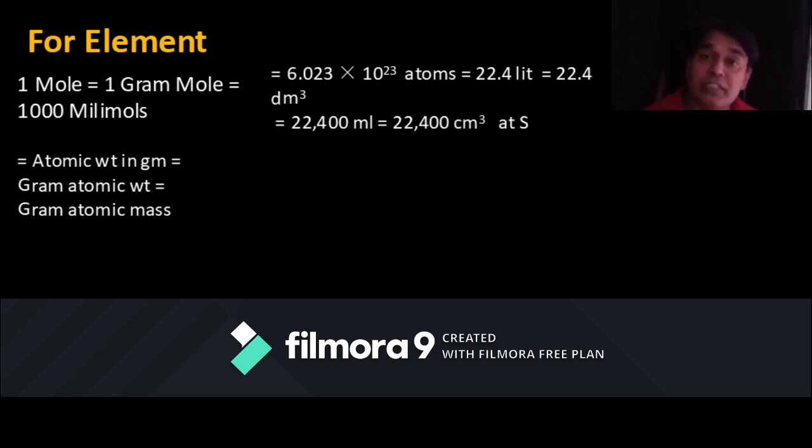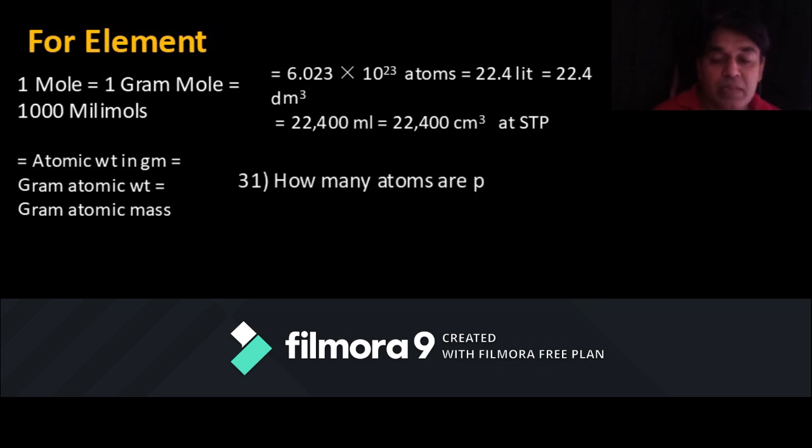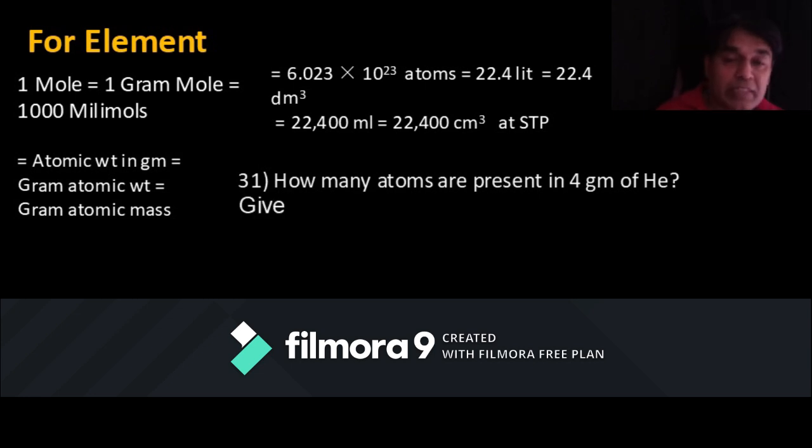On the basis of this terminology, let us solve some simple examples of the mole concept for elements. How many atoms are present in 4 grams of the element helium? The atomic weight is equal to the given weight, 4 grams. Consider the unknown number of atoms. This can be easily solved by cross multiplication.